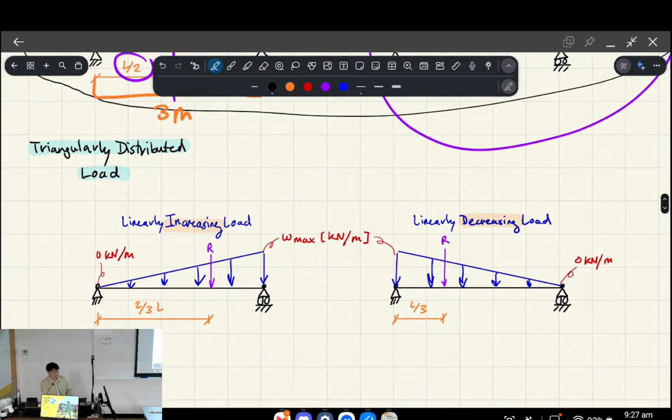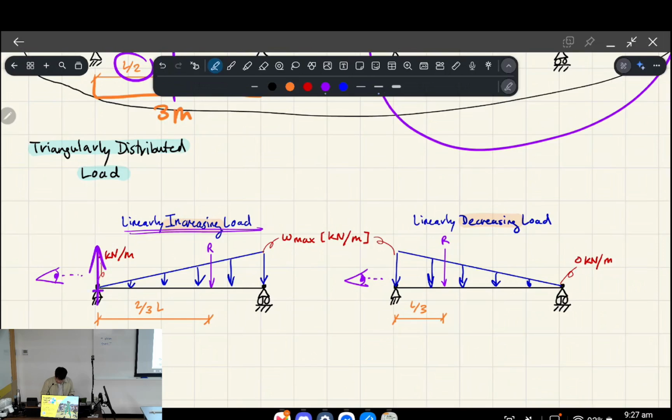Next is triangularly distributed loads. So if I draw an eye, there's an eye looking sideways. If I was standing on the left looking to the right, for the case on the left, what you see is a linearly increasing load. That means this triangle starts at 0 kilonewtons per meter.